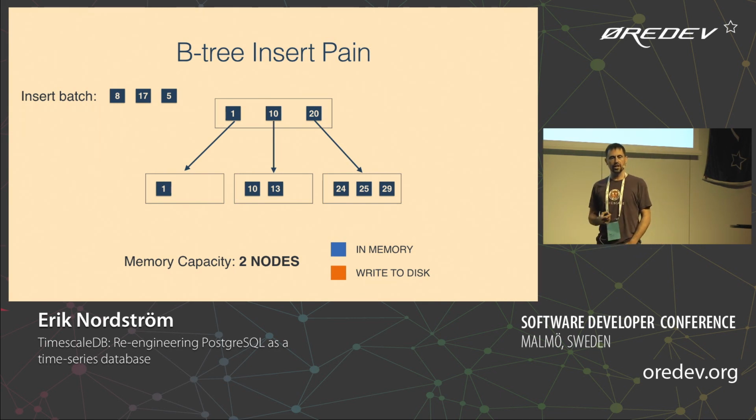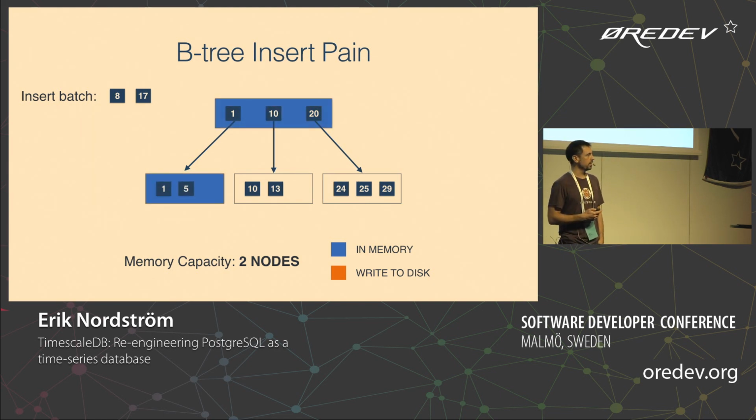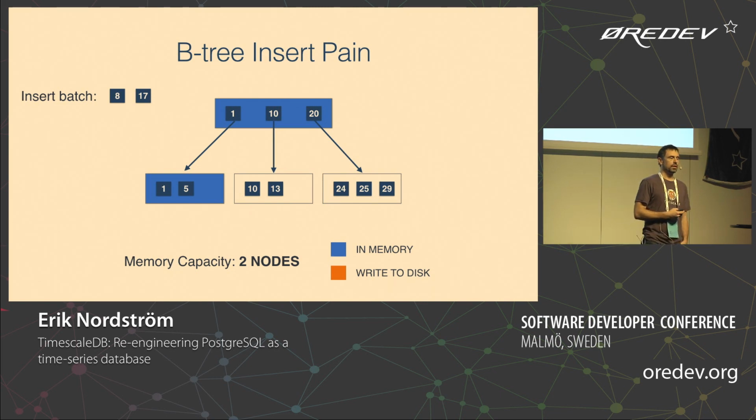Let's say you have a device ID to know which sensor you're collecting data from, for example. So when you start to insert data into the B tree in this case, which is the data structure used in the index, then at first everything's fine because you have enough memory to keep this cached.